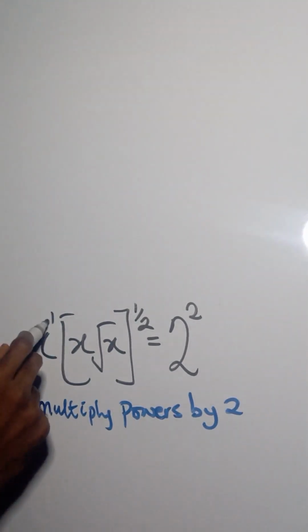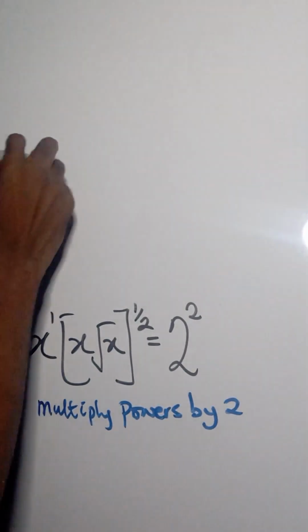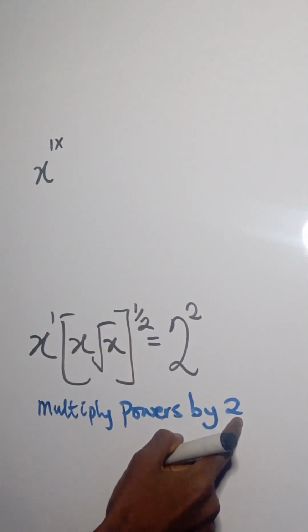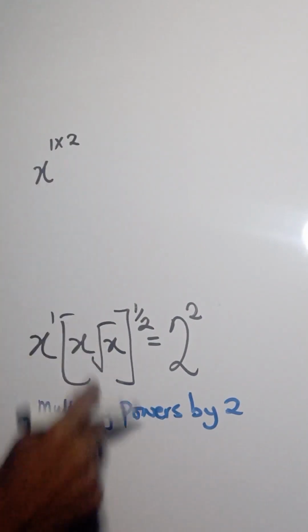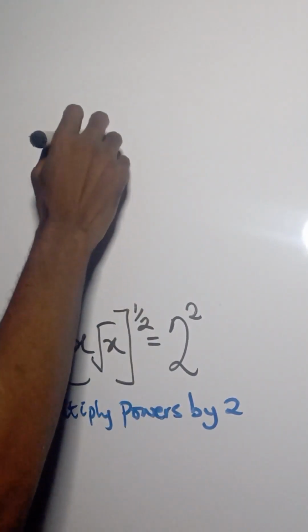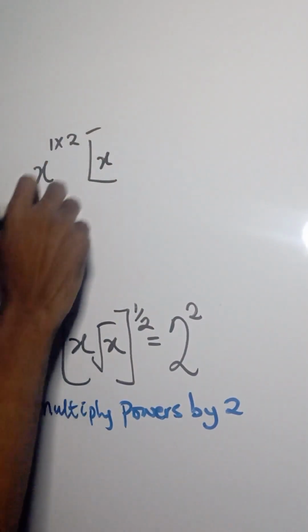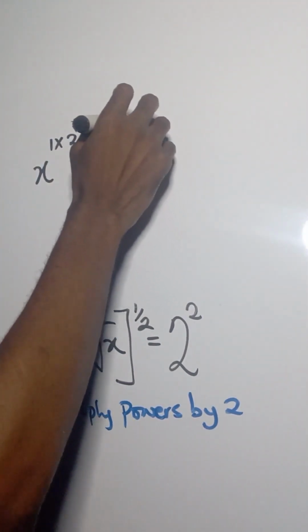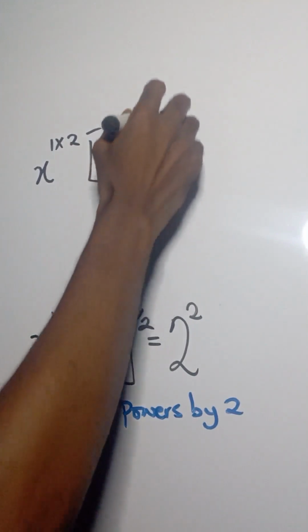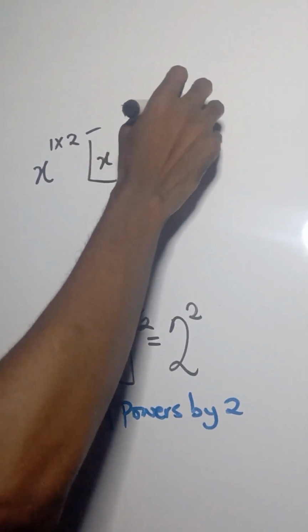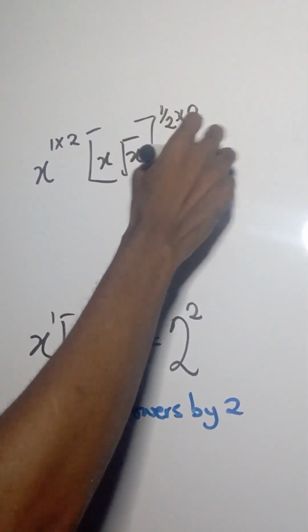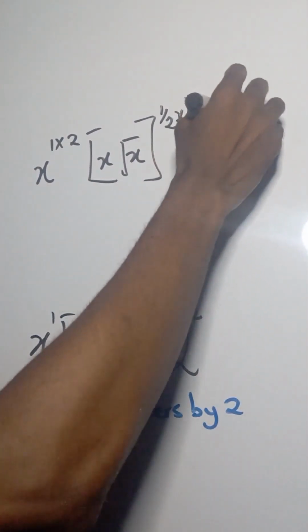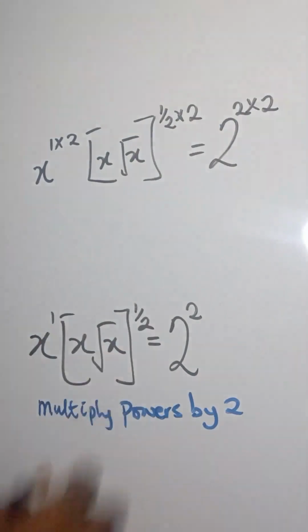So we have to also consider multiplying this. So I have my x raised to power 1 will be multiplied by 2. Now all this, which is x root x, we are also going to multiply the power by 2. And finally, this 2 squared, we are going to multiply the power by 2.